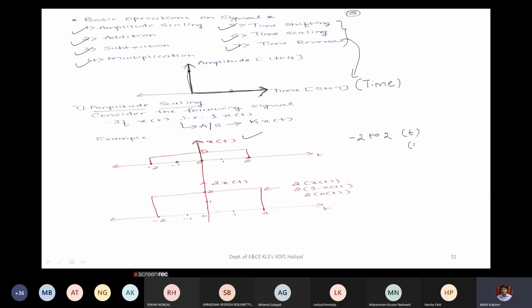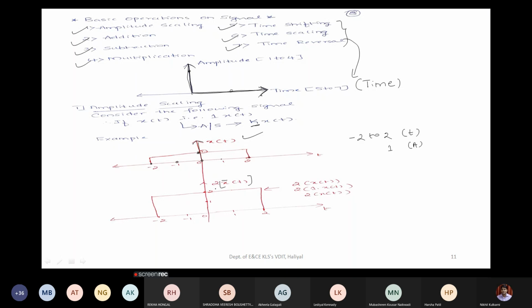And with respect to amplitude, the maximum amplitude is 1. Okay. So here if I want to play with the amplitude, I can scale it. I can multiply the given function by some constant factor, right?